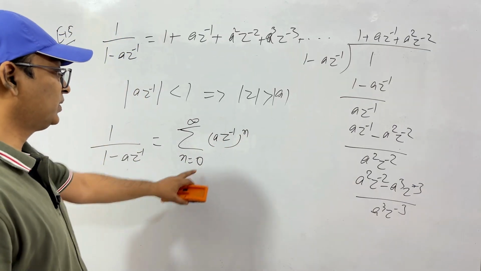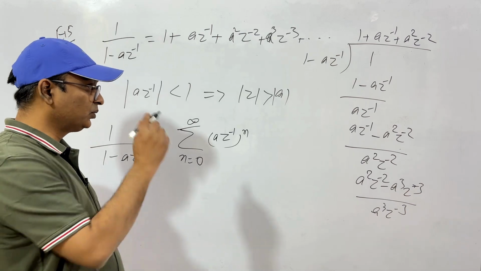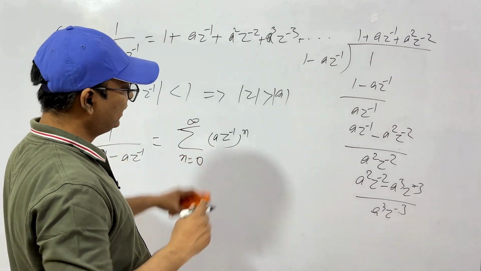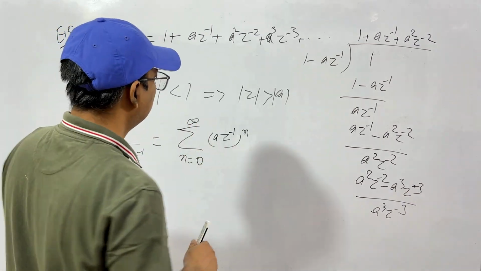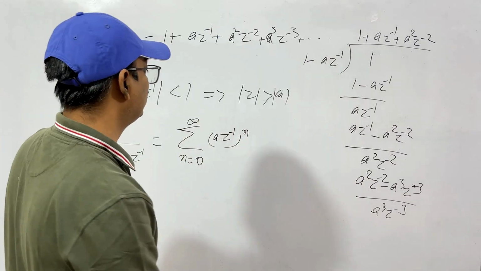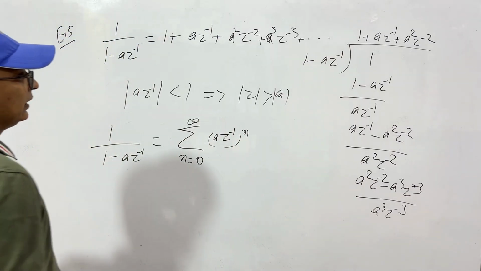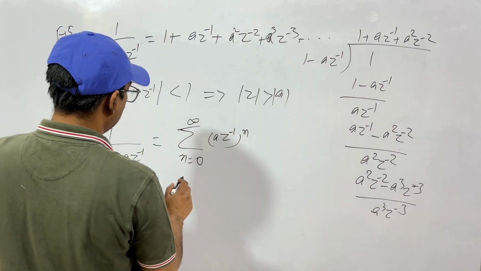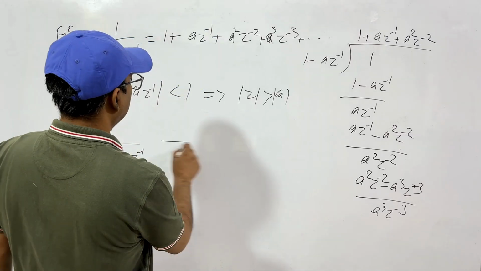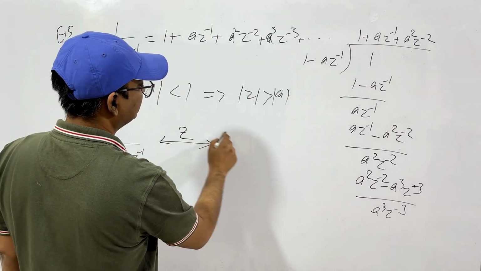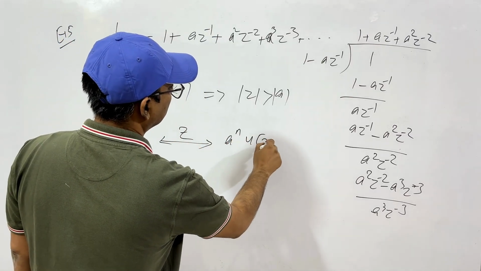This is the expansion from 0 to infinity. Because of this, we use u[n] to denote 0 to infinity; the negative terms vanish. So we have expanded this using the power series method, and the inverse z transform for this is a to the power n u[n].